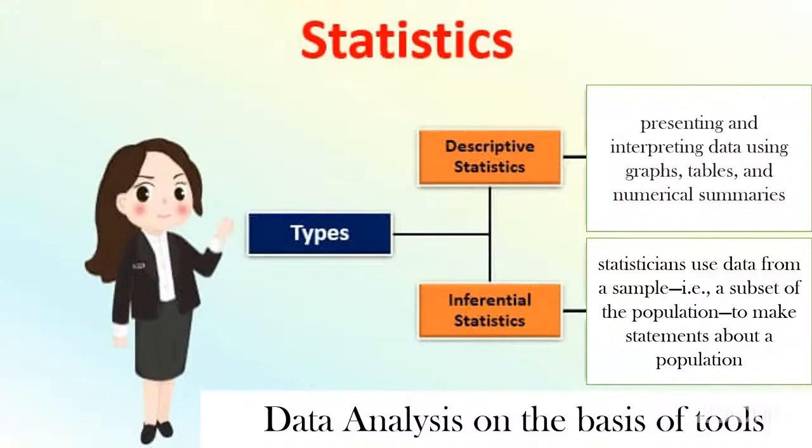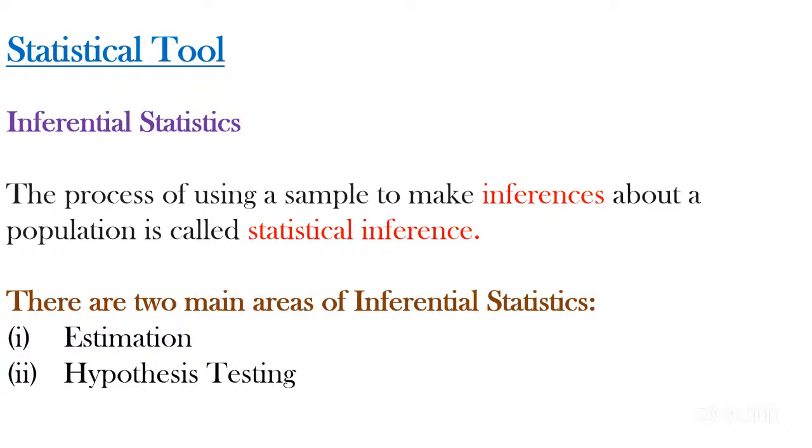When I say inferential statistics, it's where the statistician uses data from a sample, that is a subset of the population, to make statements about a population. In that, we have two main areas of inferential statistics. One is estimation and one is hypothesis testing.